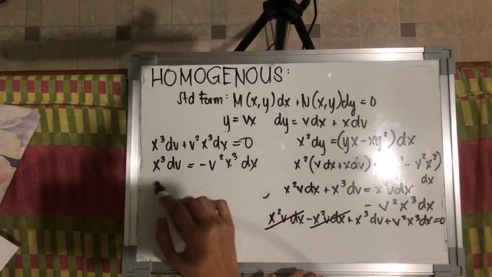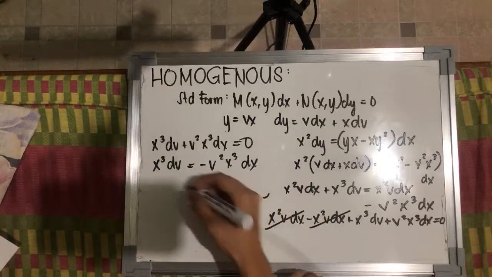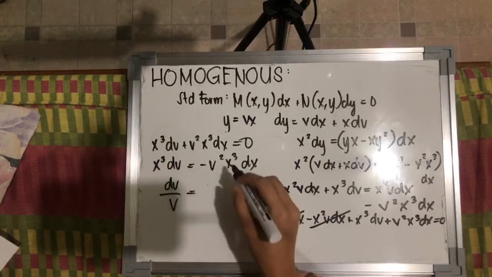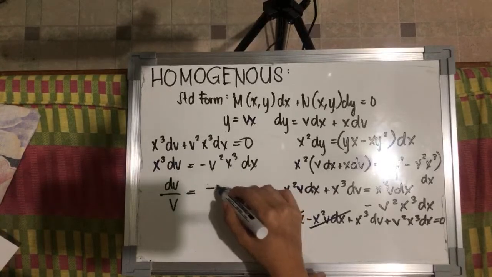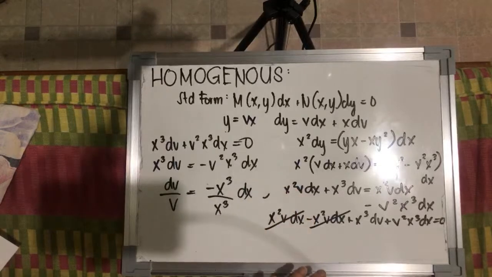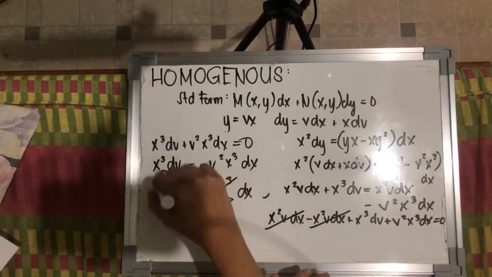So, ito, i-divide ko. So, ito, magiging dv over v is equal to, ayan. So, cancel, integrate.